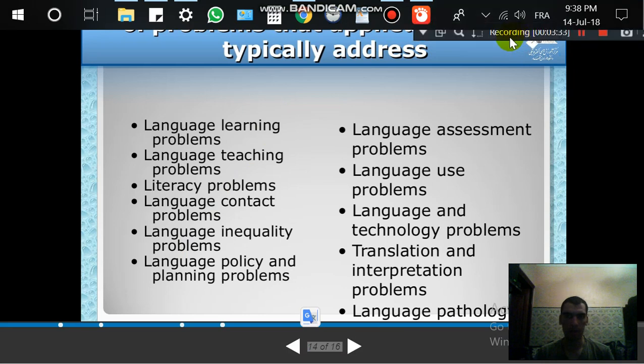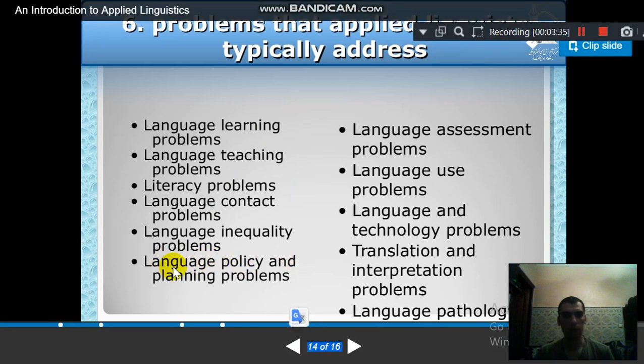And language policy and planning problems, this has to do with laws, with politics, and so on. Language assessment problems, this has to do with language learning problems and this set of problems. Language use assessment, of course, is tests and stuff like that.